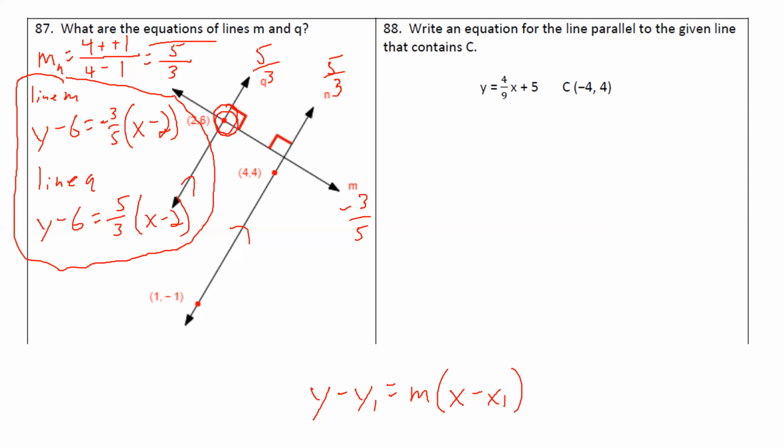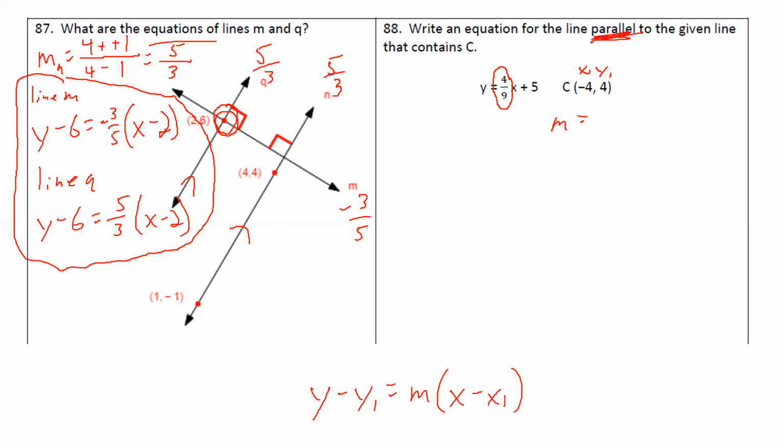On 88, so they said a parallel line to this. So they gave us this slope. We have points that we can use for X1 and Y1. So all we need to do is flip that slope so that we now have a -9/4. Oh, whoops, sorry, no, I lied. It said parallel, my bad.